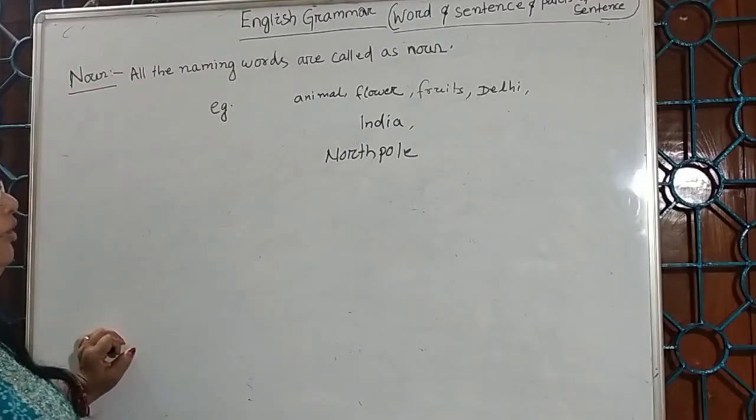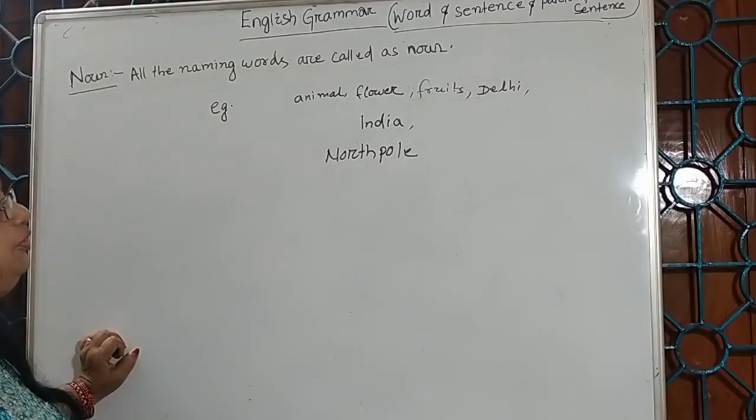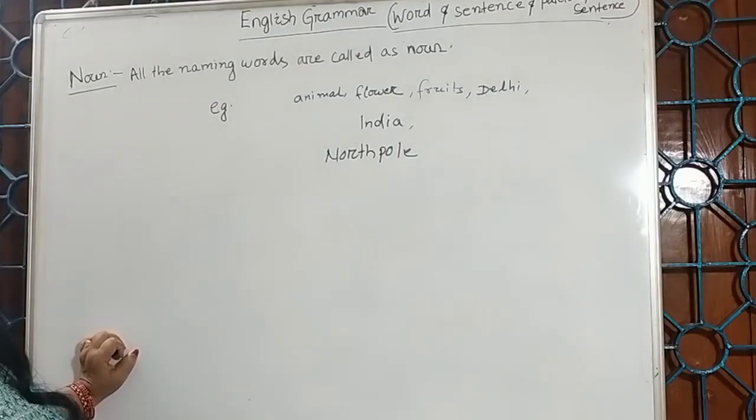Examples: animal, flower, fruits, Delhi, India, North Pole.